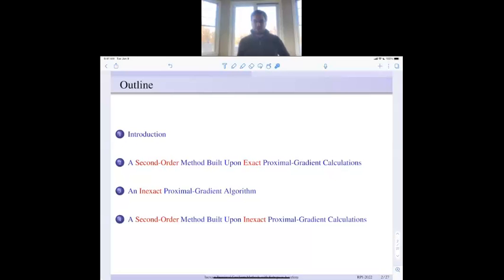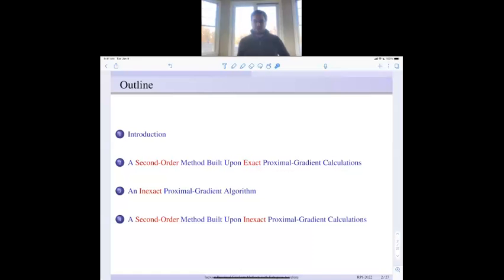That means that the fact that we've built this algorithm upon exact computation of the proximal gradient means that it's no longer going to be reliable or applicable, and certainly we have no theory for that method working in the case that the groups are overlapping.